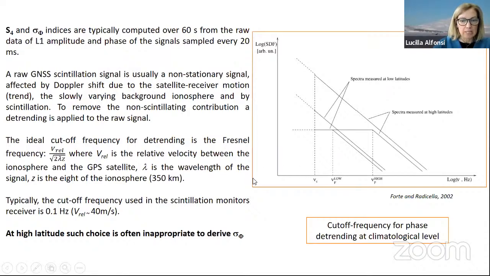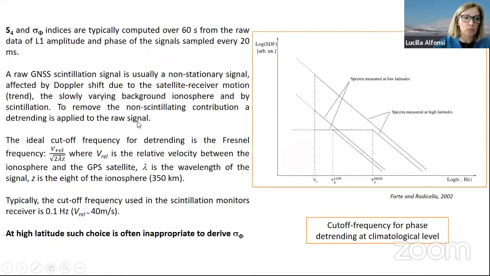So there are these two completely different behaviors of the spectral density function. Ideally, the best cutoff to be used for detrending the signal is the one equal to the Fresnel frequency, so to the change of the slope.